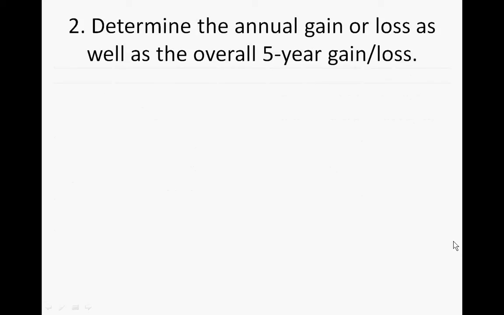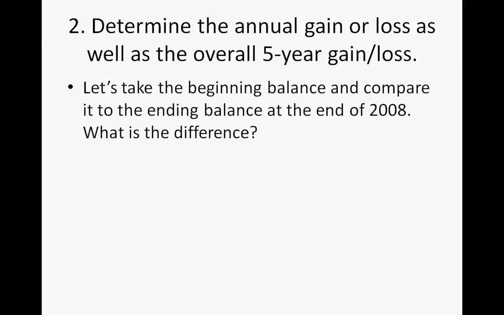All right, so the second part was to determine the annual gain or loss, as well as the overall 5-year gain or loss. So let's take the beginning balance and compare it to the ending balance at the end of 2008. What is the difference? Well, the beginning balance was $20,000 and the ending balance was $21,424.38, which means the difference is $1,424.38.